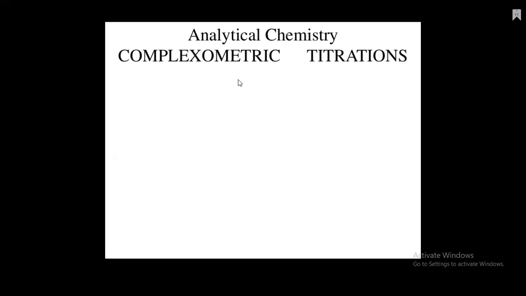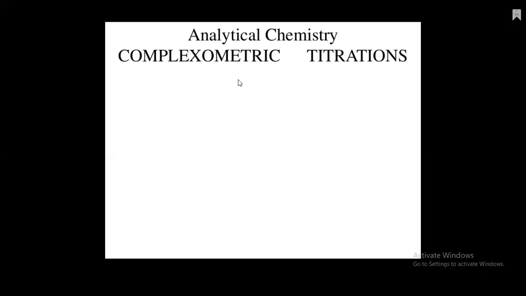We perform complexometric titration when the analyte is a metal ion or any substance that has the property to form a complex, and not only a complex but a stable complex. यानी हमारे analyte के अंदर ये property हो कि वो complex बना ले, stable complex, then हम कौन सा method choose करेंगे titration के अंदर, then we choose the complexometric titration.